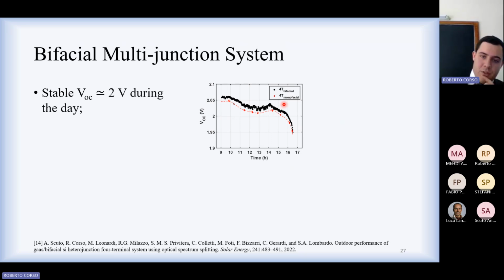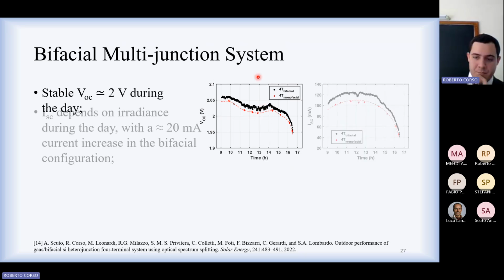We also collected some IV characteristics while covering the back of the silicon module in order to simulate a monofacial equivalent system. And we can see that there is a slight voltage increase in the bifacial configuration.